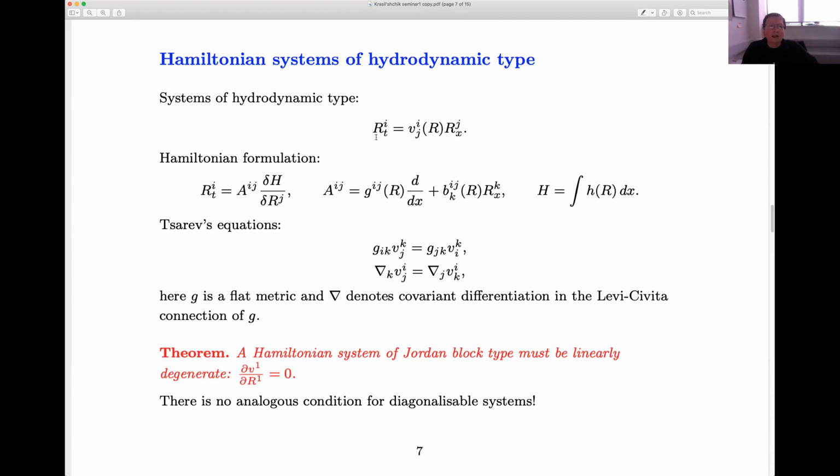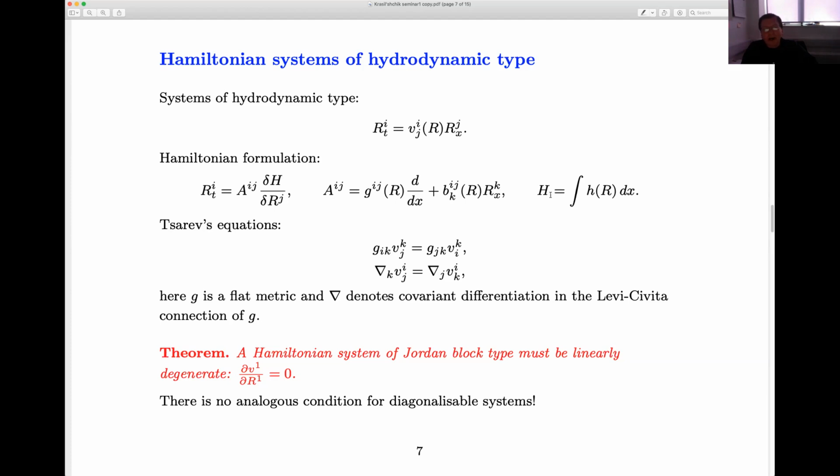All right, what does it mean that such system is Hamiltonian? It means that it can be written in this form: Aij, some differential operator applied to the variational derivative of some conserved density, of some conservation law. And here for Aij, we take an operator of Dubrovin-Novikov type. This is all well known.